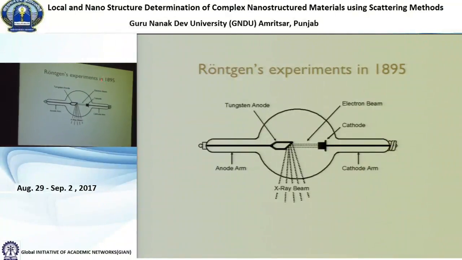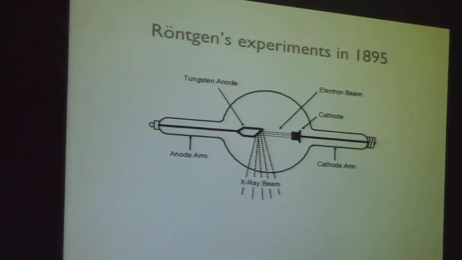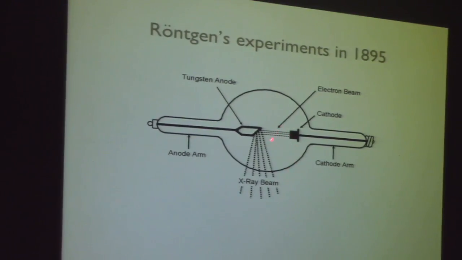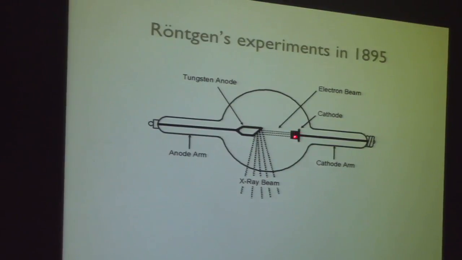So in 1895, this is when Röntgen discovered X-rays, and basically what he was doing was he was interested in accelerating electrons. So he had a cathode here, and it was under a high voltage, and it would emit electrons.